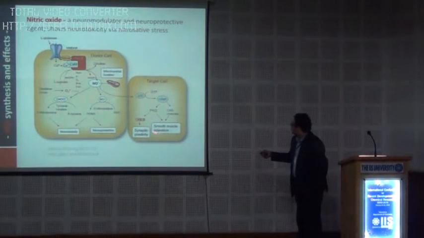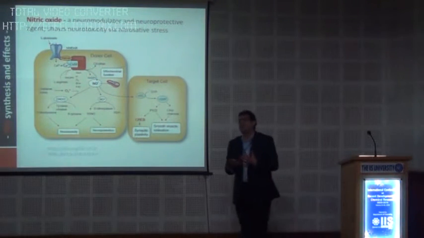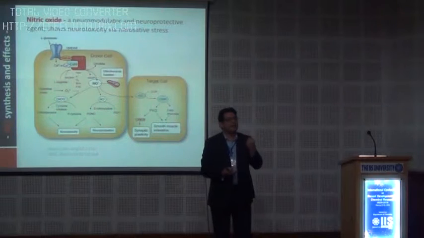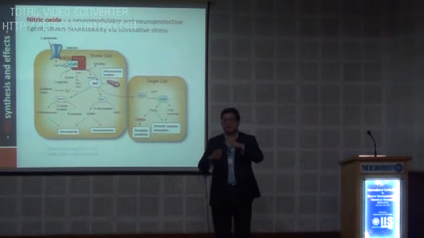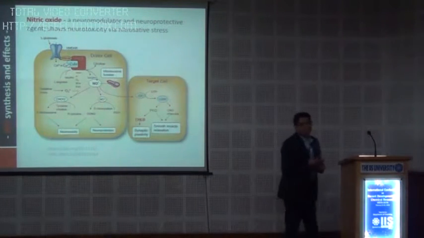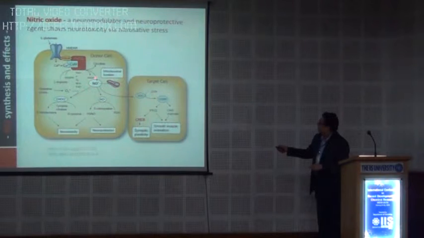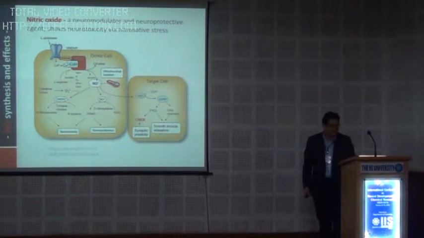And of course, it can also lead to smooth muscle relaxation, which we have known when you take organic nitrates that release nitric oxide and lower our blood pressure. So neurotoxicity, neuromodulation, blood pressure management, a whole lot of biological activities are associated with nitric oxide.